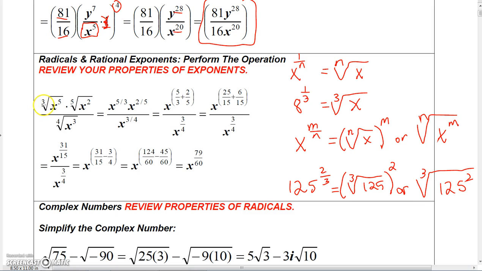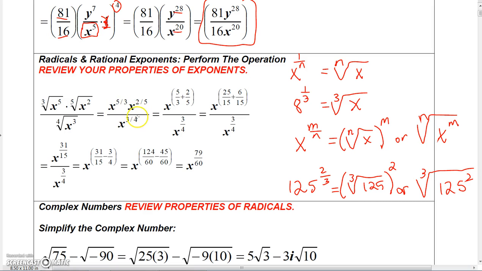So I can write this as x to a fraction where the numerator is the power 5 and the denominator is the root 3. And then the same thing here, except here the numerator would be 2 and the denominator would be 5. And then on the bottom, the numerator would be 3 and the denominator would be 4.